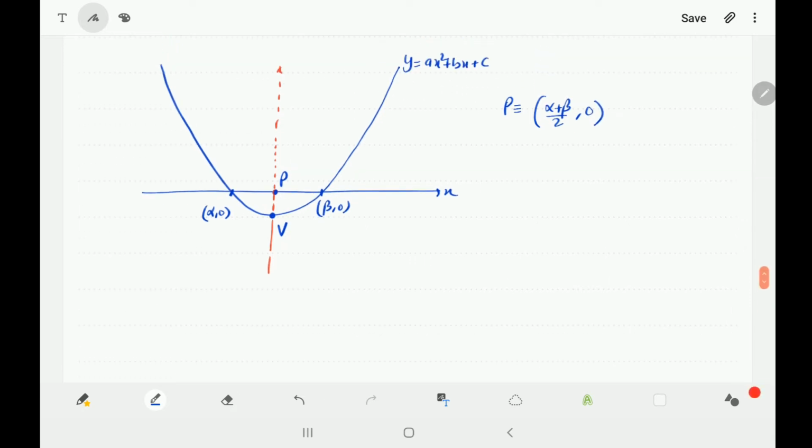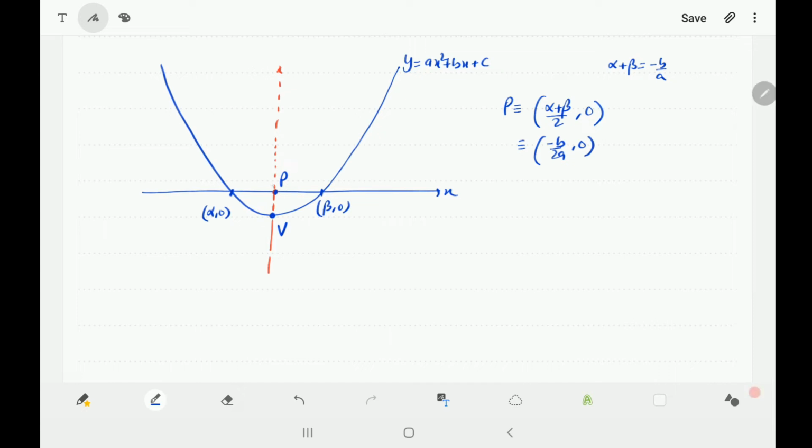So the coordinates of P will be ((alpha plus beta) by 2, 0). Now because the equation of the parabola is ax² + bx + c, if we put this equal to 0 and consider the roots as alpha and beta, then alpha plus beta, we already know, equals minus b by a. So this value will be minus b by 2a comma 0. Now the coordinates of P we got to know are (minus b by 2a, 0).